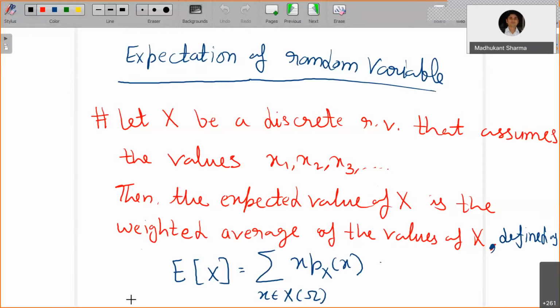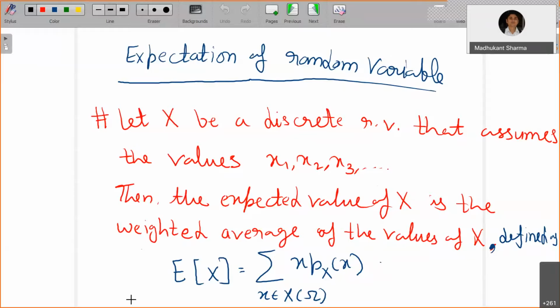It is also related to the statistical meaning: suppose you have been given some data, what is the sample mean? You sum up all the data, assuming all of them are equally likely.